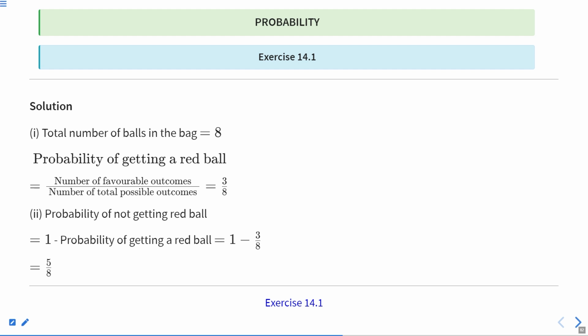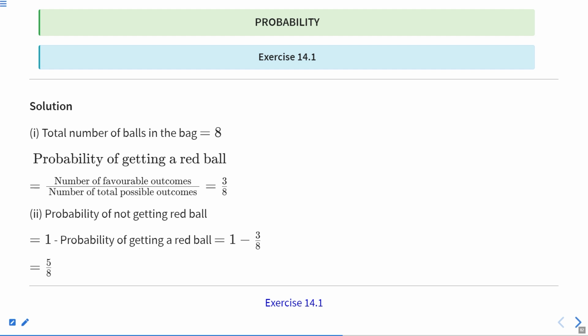And the probability of not getting a red ball is equal to 1 minus the probability of getting a red ball. So this is equal to 1 minus 3 by 8, which is 8 minus 3 by 8, that is 5 by 8. So the probability of not getting a red ball is equal to 5 by 8.